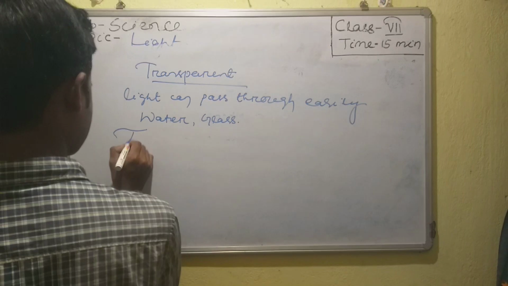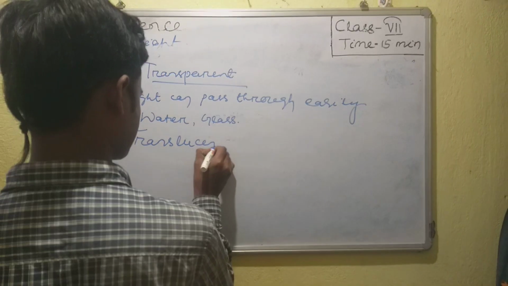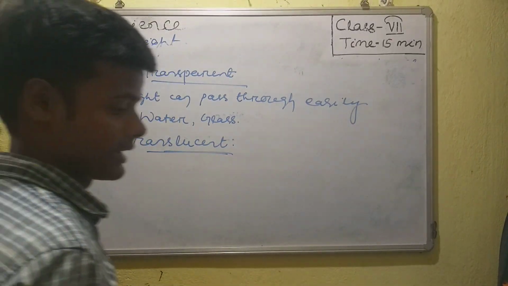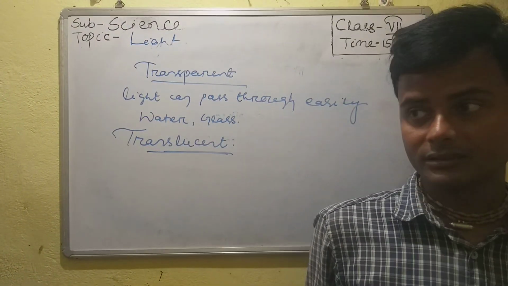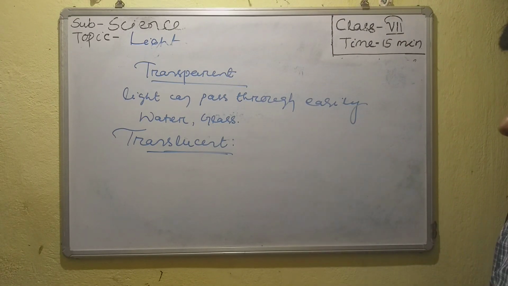And another one is translucent. Translucent objects means the objects through which light can pass partially, right?